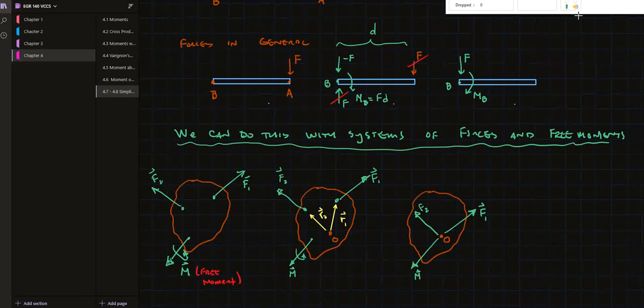And then this force and distance produce a moment. It looks like it's heading somewhere like, I guess it points down, somewhere like this direction.